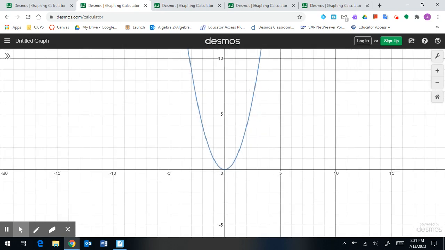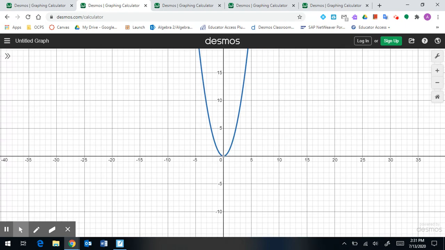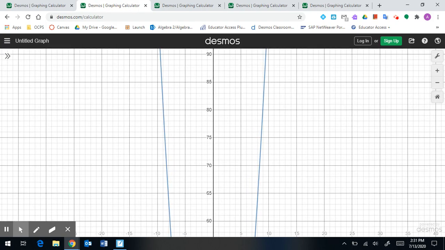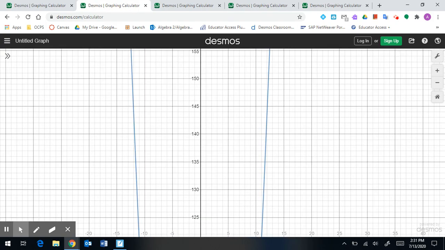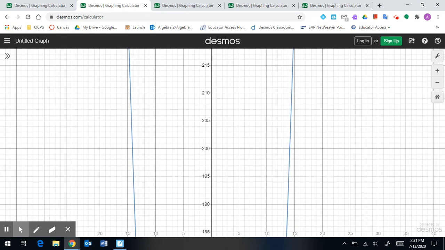It does not exist until I hit a y value of 0. But after I hit 0 and I work my way up, like I did earlier when I zoomed out, you could see that this is going to go up forever and ever. Okay, you can see that it's getting wider and wider, and it's going up forever.